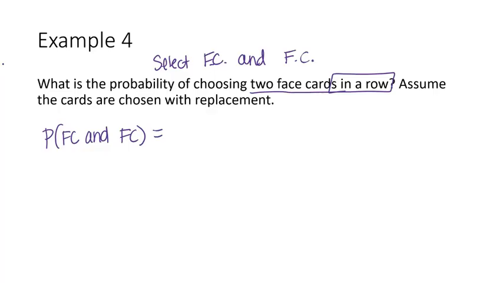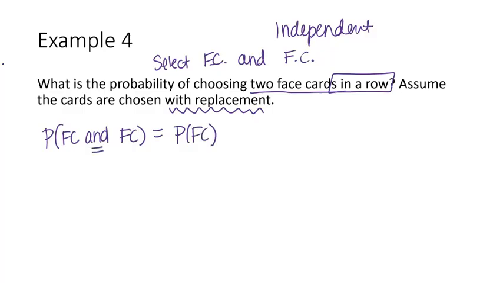Assuming you have, remember if it's with replacement, that means we're independent. And we can look at these separate. The probability of a face card, again, tells me to multiply by the next probability of a face card. Completely separate events.